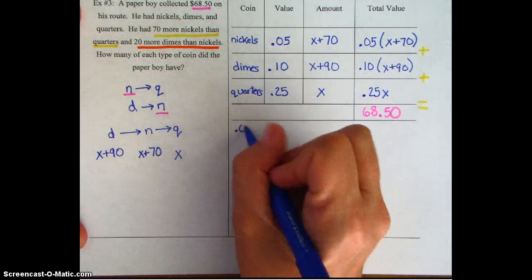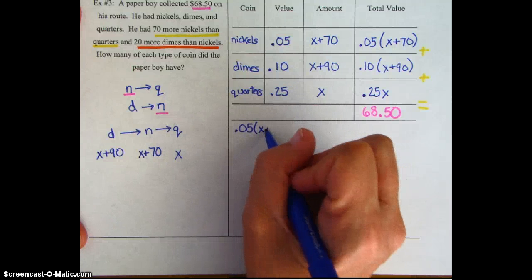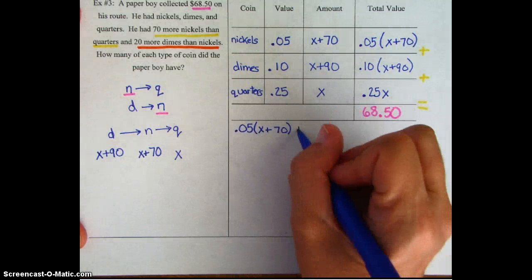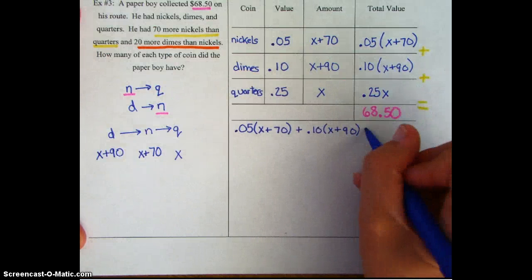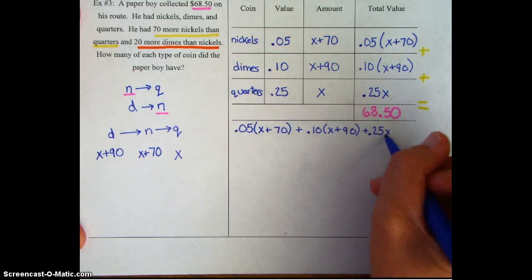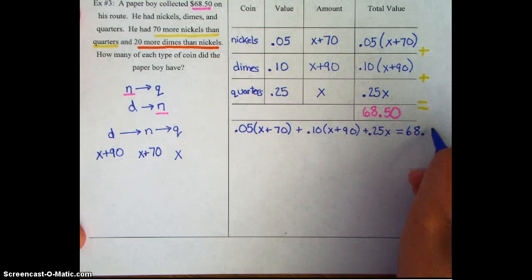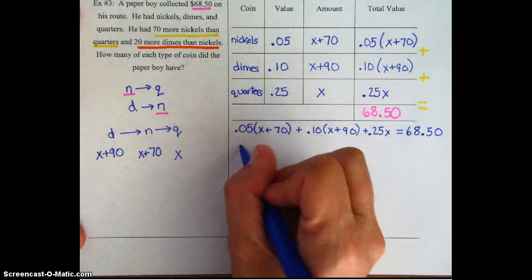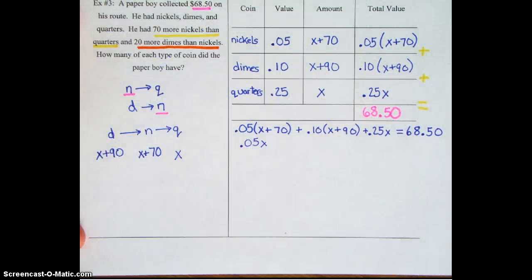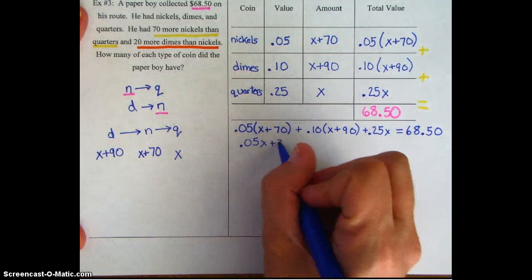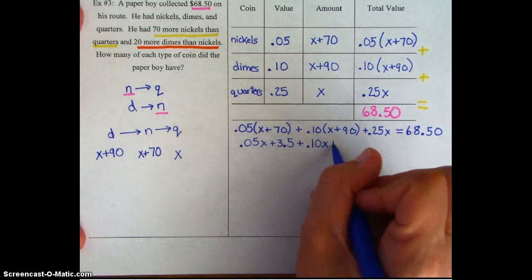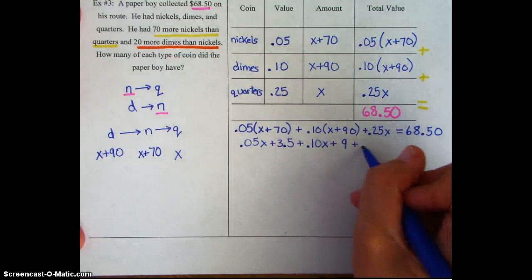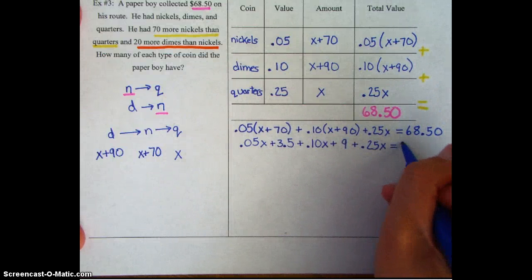So we have 0.05, and then in the quantity x plus 70, we have 0.10, and then x plus 90, plus 0.25x equals $68.50. To distribute, we'll have 0.05x. Be careful when you're multiplying the 0.05 times 70. Here we're going to get 3.5 plus 0.10x plus 9 plus 0.25x equals $68.50.